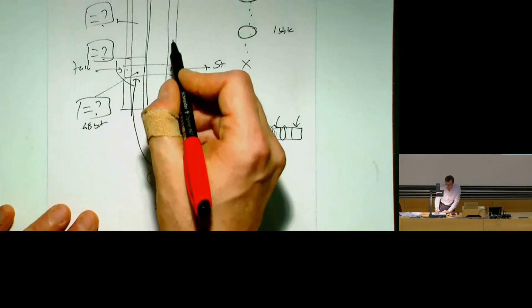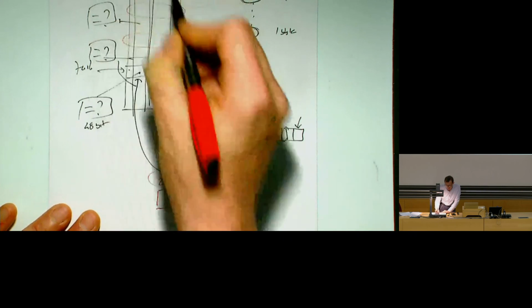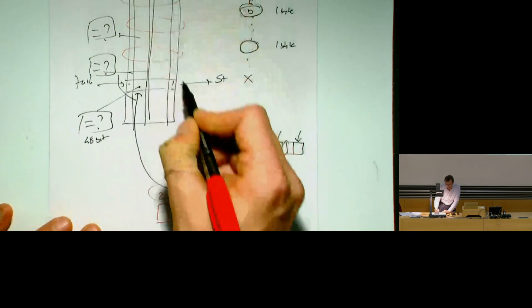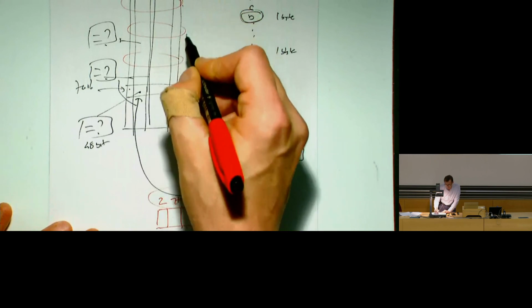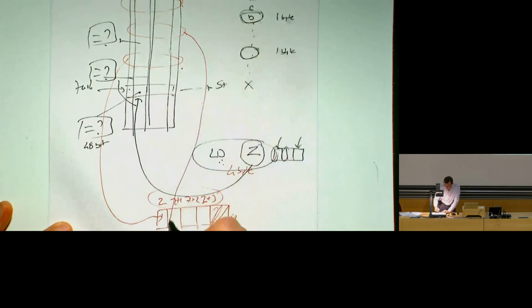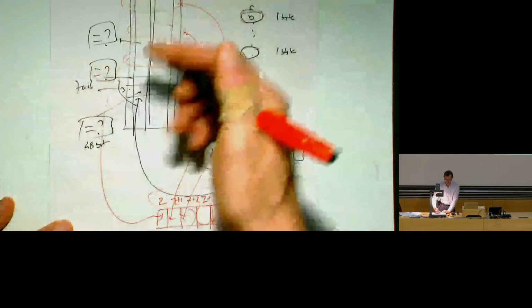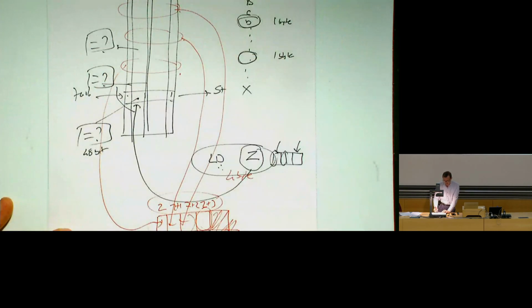You need to be able to ensure that you find all of the latest writers to each of these locations. Now, you may be able to find one that's writing here, another that's writing here, another that's writing here. Okay, 3 stores are writing here. Where do you get the 4th one from? Well, now you need to access memory for that, because there's no load store that's writing to that one.